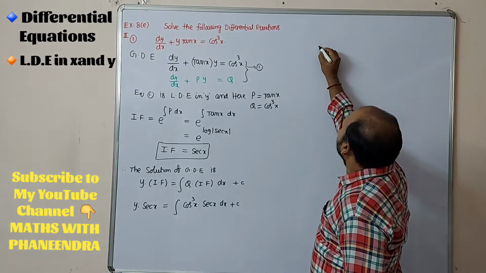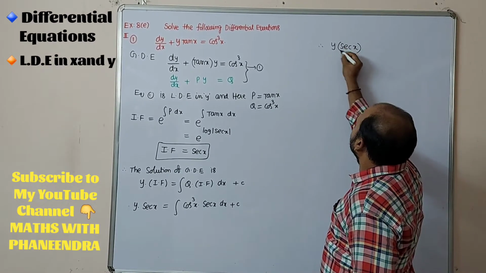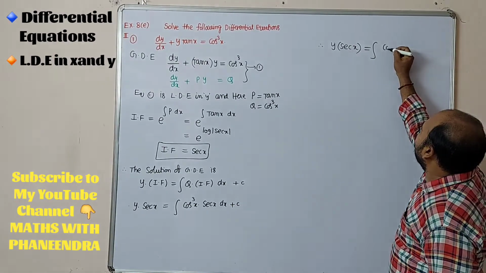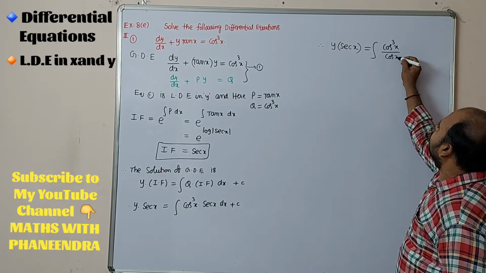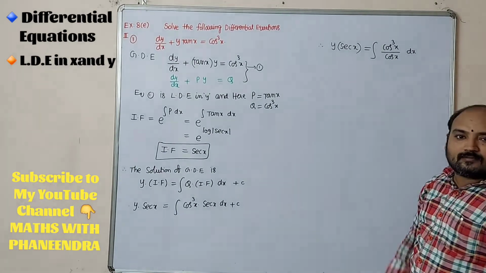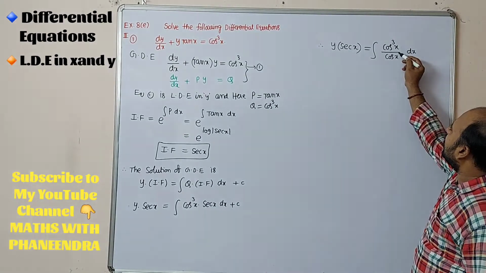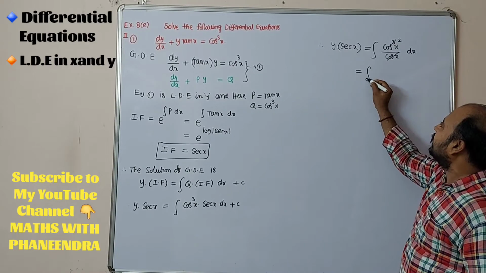So, y into secant x is equal to integral cos cube x divided by cos x into dx. Secant x is 1 by cos x, so one of the cos x cancels here. The remaining is cos square x.